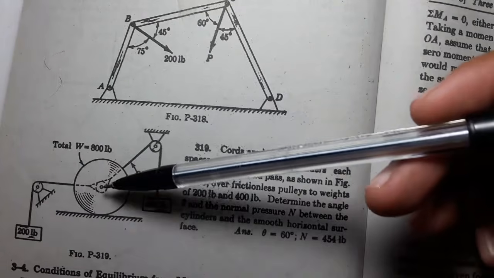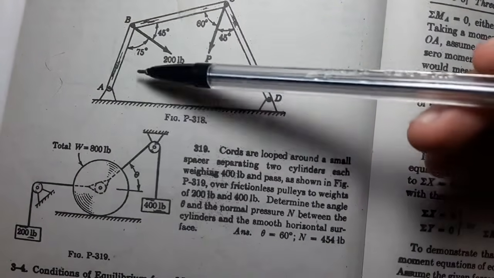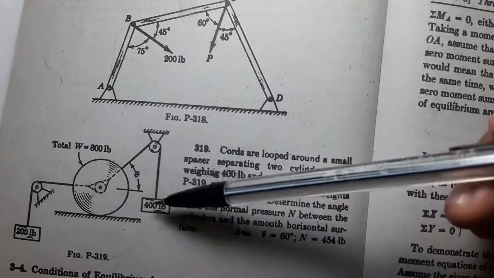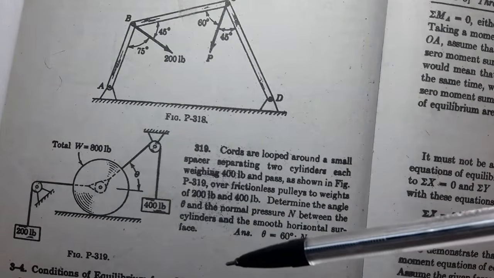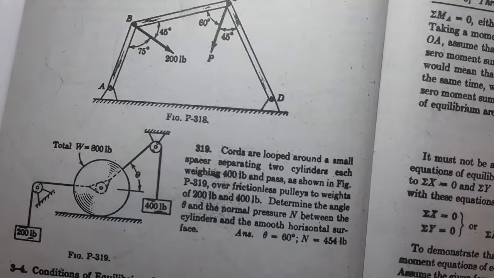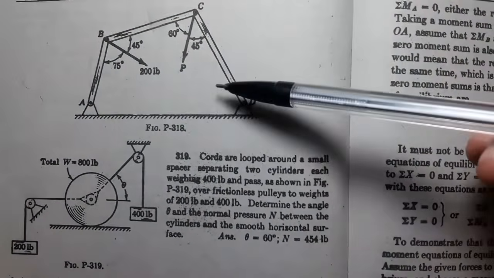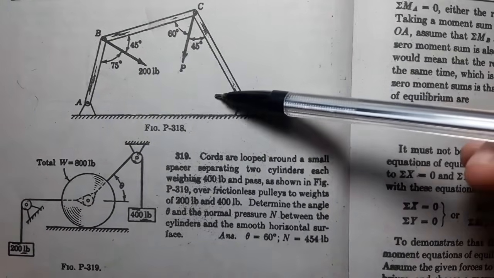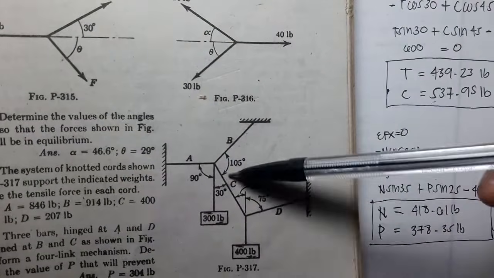So we have then this one. So already dealing with pulleys, right? So that's it. Next video tutorial, I would like to solve this and this, and also this one.